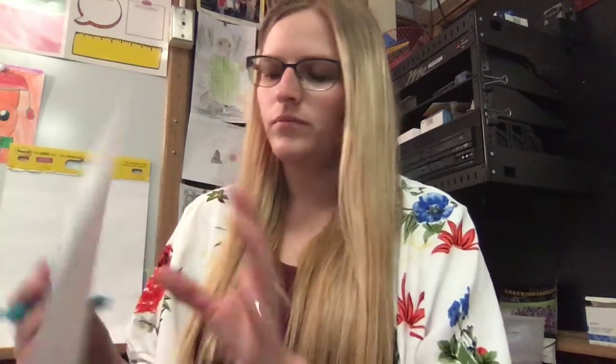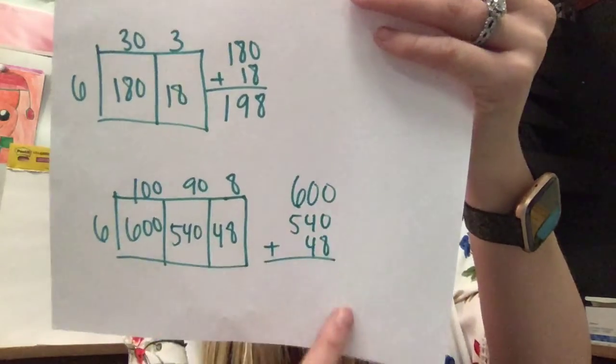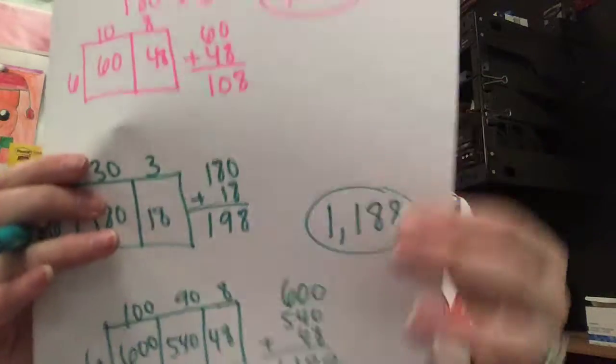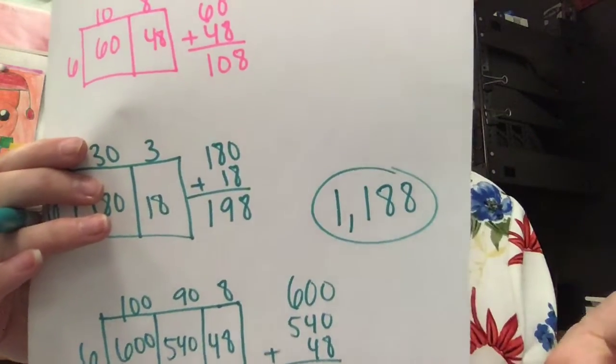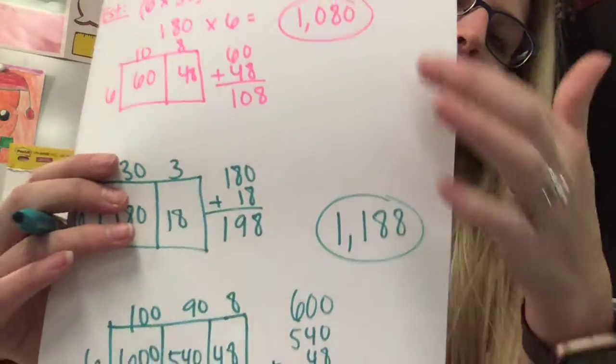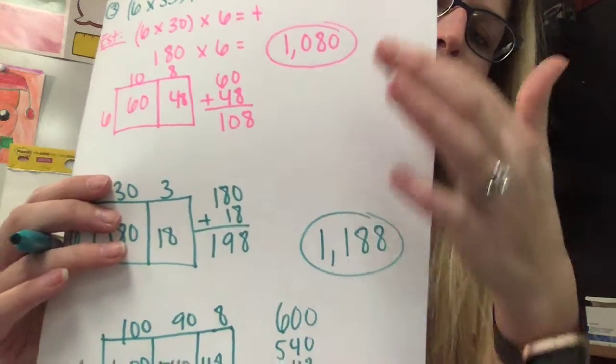So 600 plus 540 plus 48. I should have 1,188. So our real answer is 1,188.